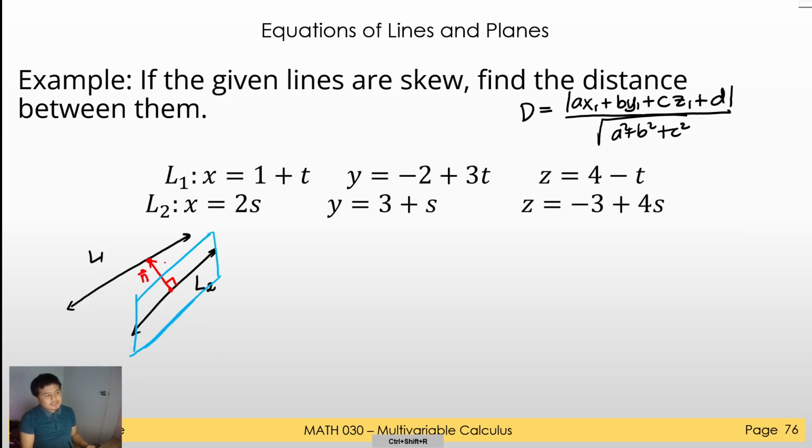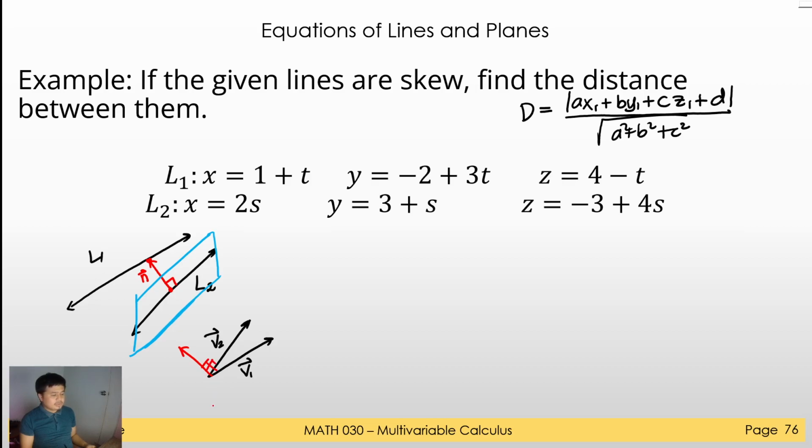Okay, so if we observe this direction, let's say this is your direction of your line 2. So let's make things consistent here. And this is the direction of your line 1. Then we can find an orthogonal vector. We can find an orthogonal vector that is the cross product of these two vectors.